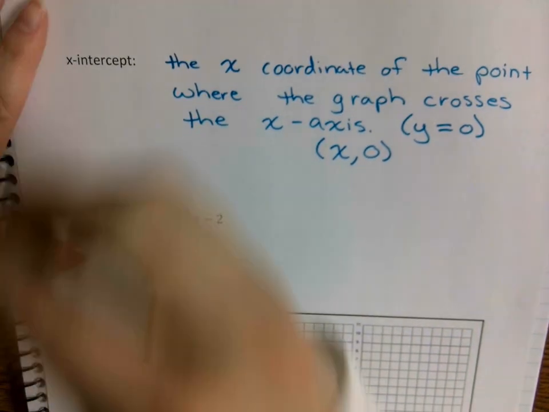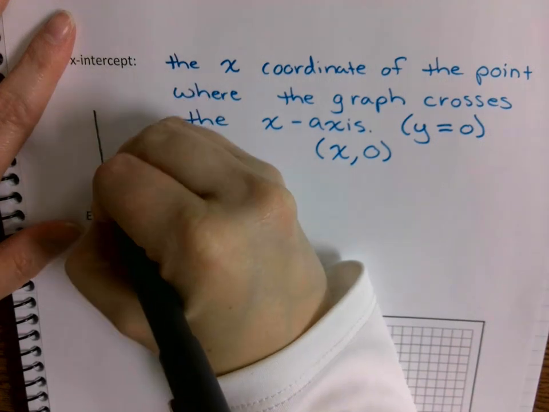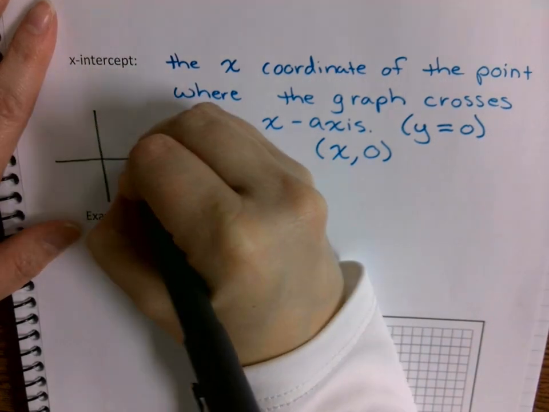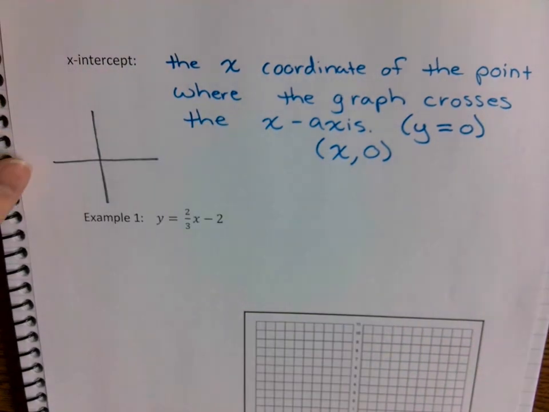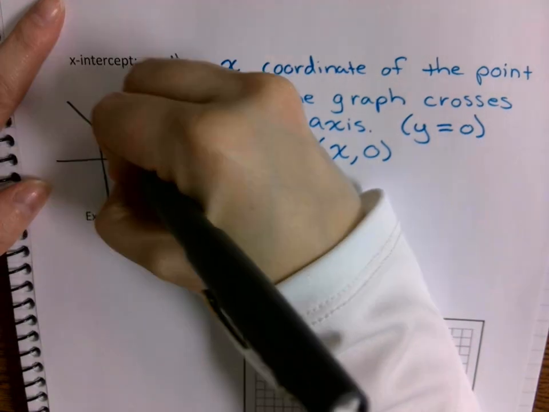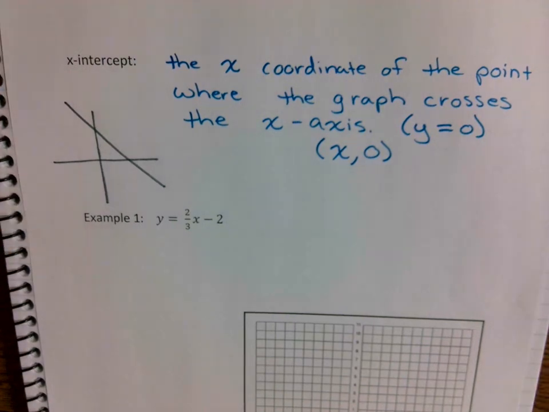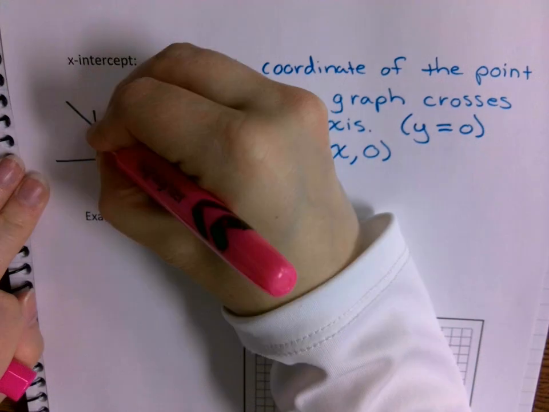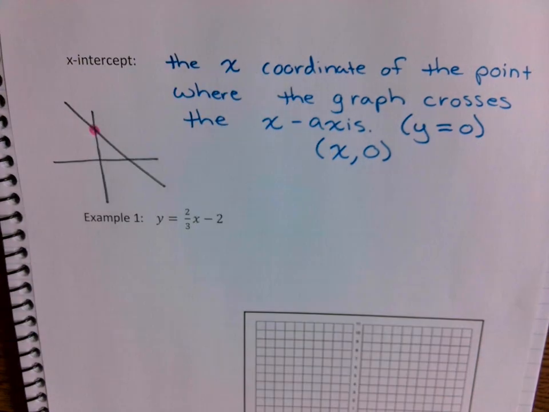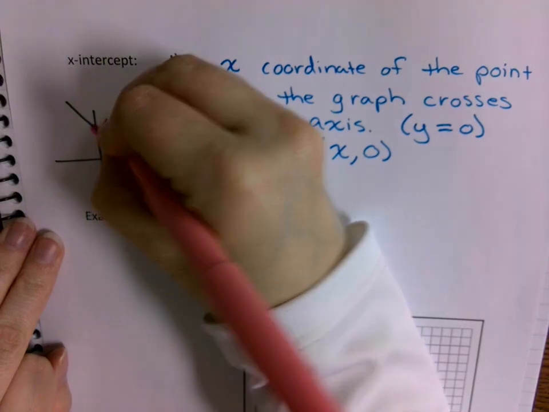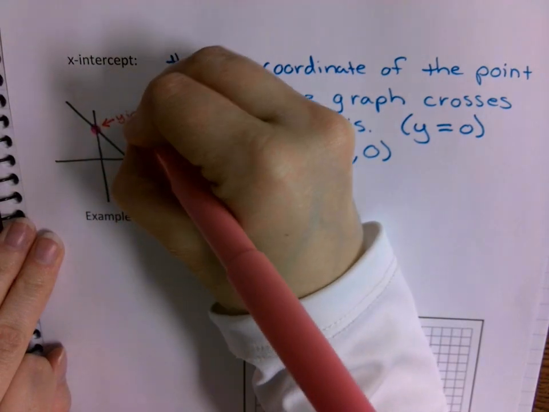on a coordinate plane, so if I draw a quick little coordinate plane here, and I draw a line, we already know this point up top to be our y-intercept. And that's when x is equal to 0.